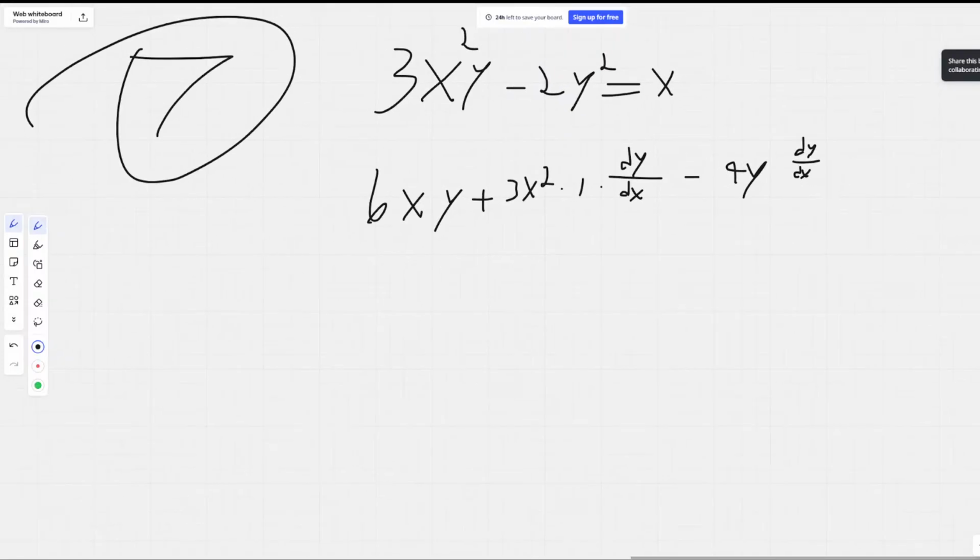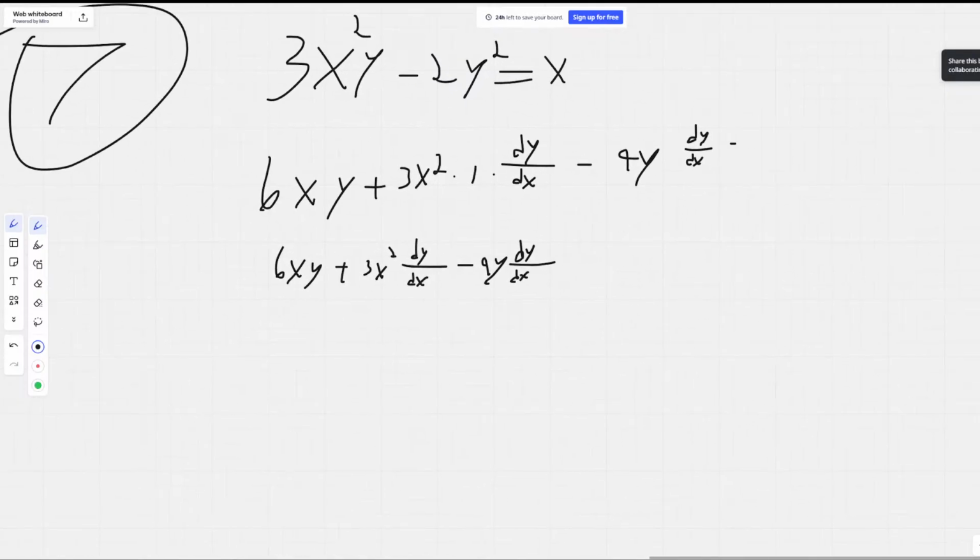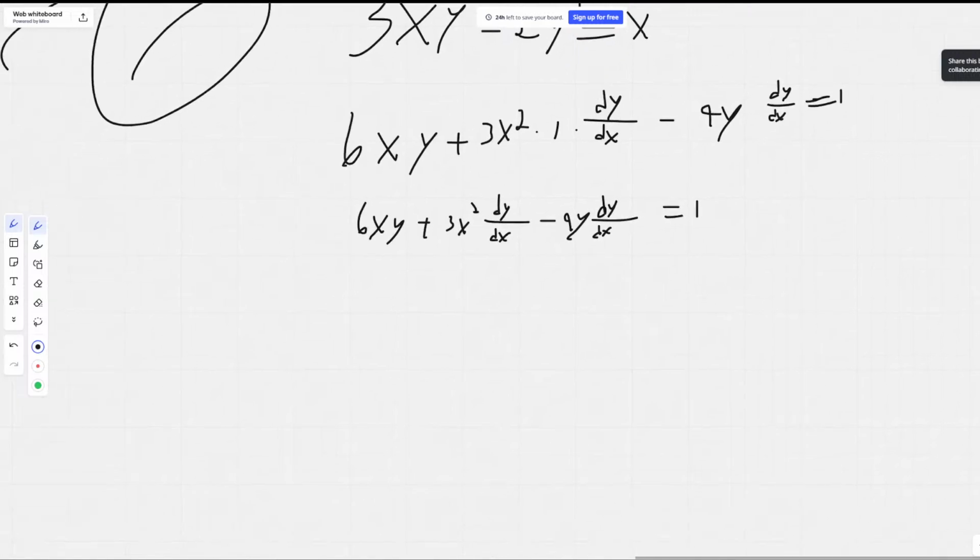And then again, we'll put it all together. 6xy plus 3x squared dy over dx minus 4y dy over dx equals 1. Perfect.